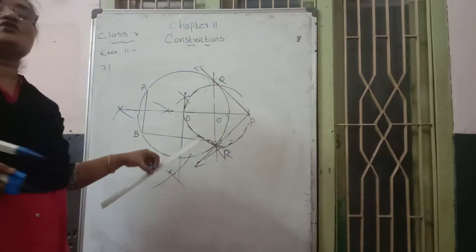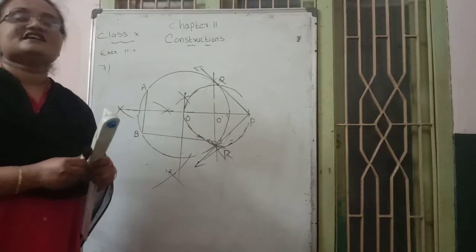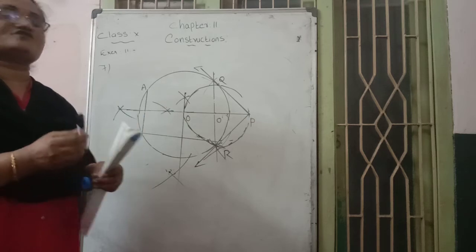This way we construct the tangents for this circle. That is the meaning of this question.